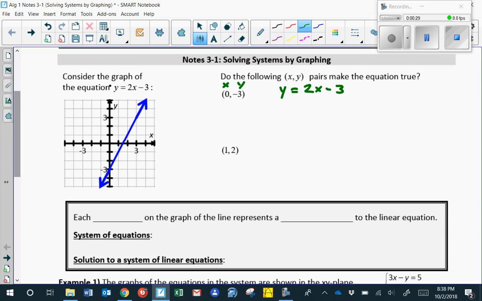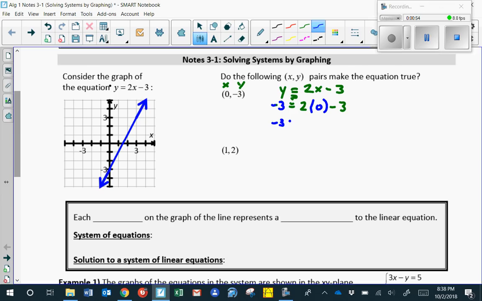So we're going to replace y with 3, and we'll replace x with 0. And then we will see if that's true. That's a little question mark that I put over my equals sign. Okay, let's simplify each side.